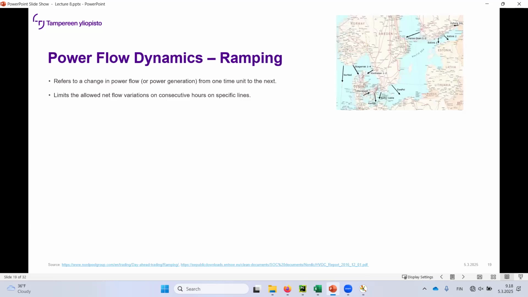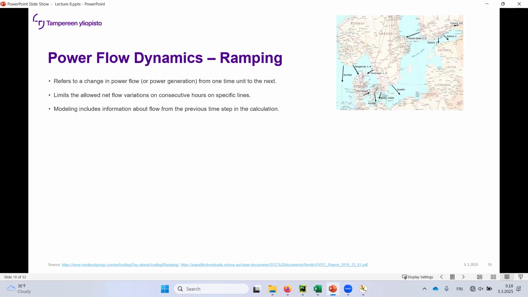So related to this power flow dynamics, there's also ramping in here. So you have ramping effects or ramping constraints related to single power plants, but you also have ramping constraints related to these power transmission lines. In this context, it refers to a change in power flow from one time unit to the next. So it limits the allowed net flow variations of consecutive hours on specific lines.